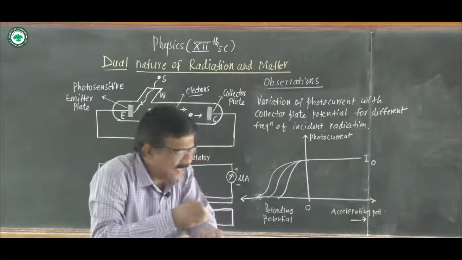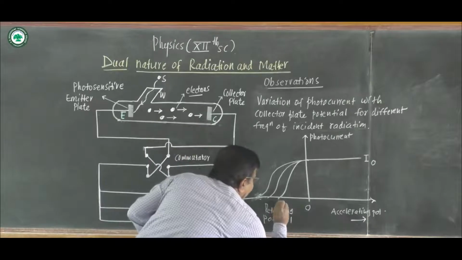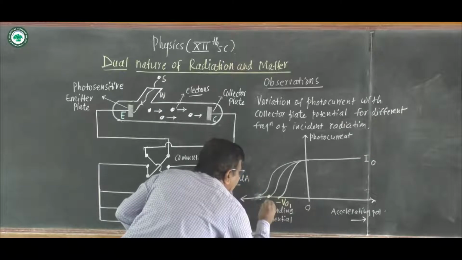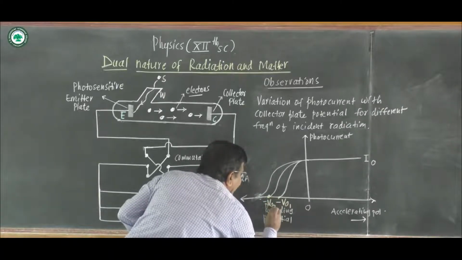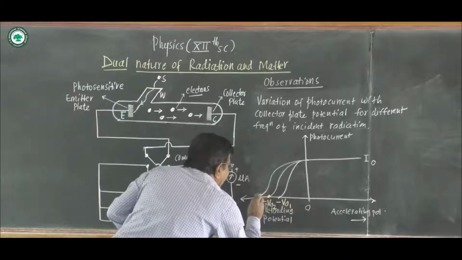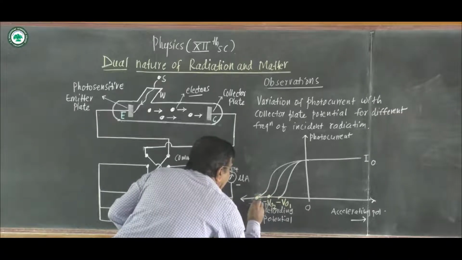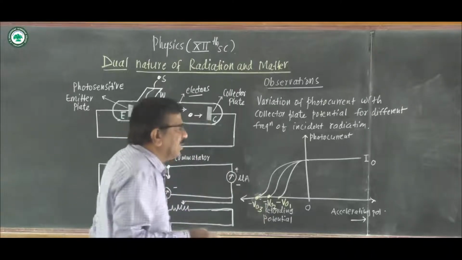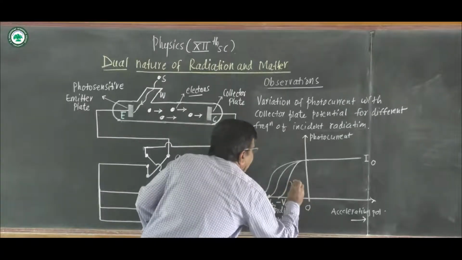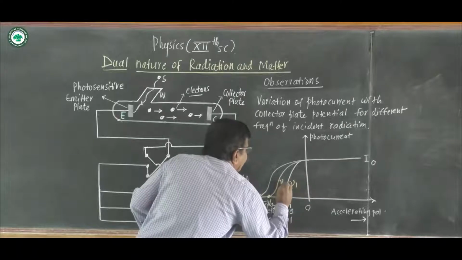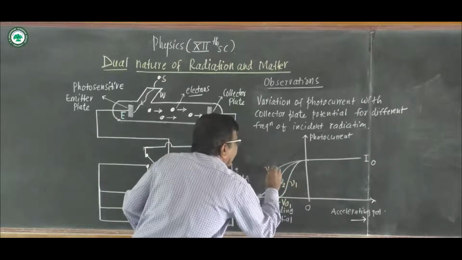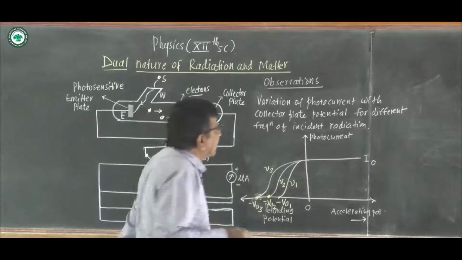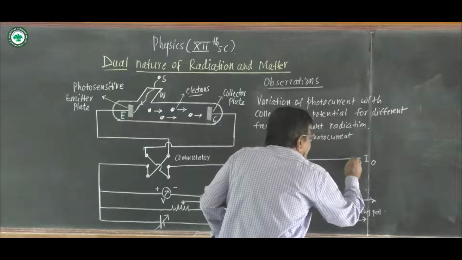We denote them as minus V01, minus V02, and minus V03, for the different frequencies nu1, nu2, and nu3. And one main thing is that the saturation current is I0.